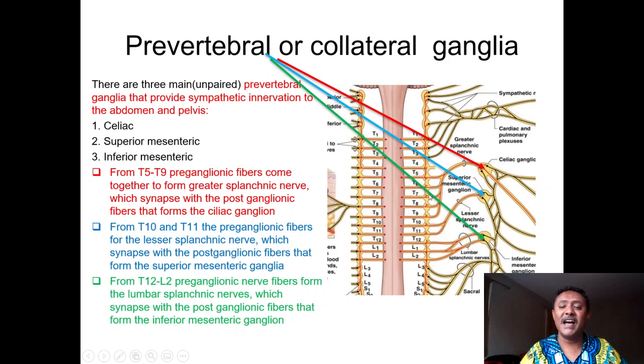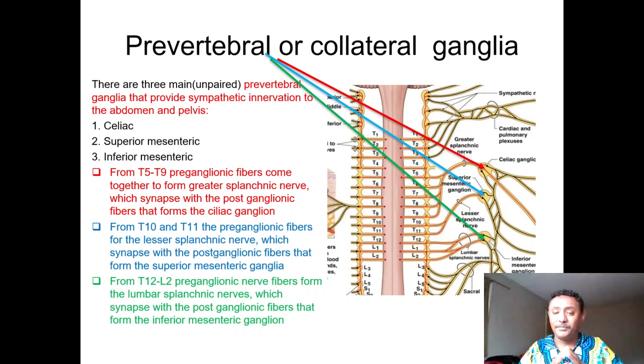They were on each side of the spinal column. But when it comes to the pre-vertebral ganglia, they are unpaired. There is one of each. It's just in front of your vertebral column, right? So you're going to have your celiac ganglia, your superior mesenteric ganglia, and inferior mesenteric ganglia. Those are unpaired pre-vertebral or collateral ganglia.